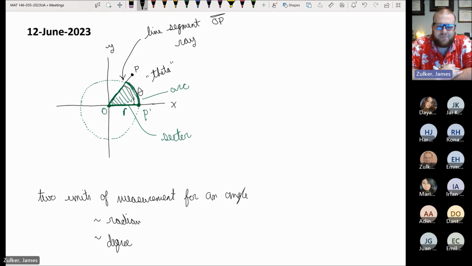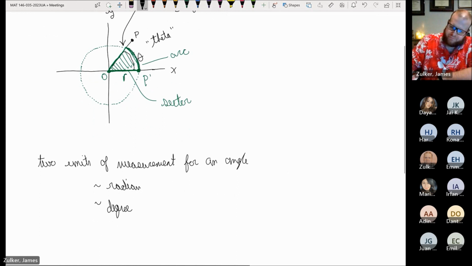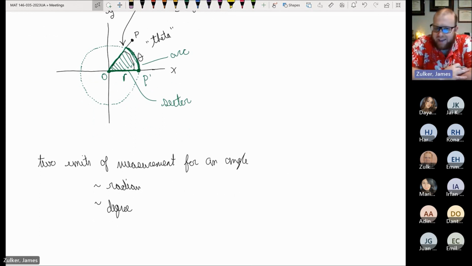Radian is the other. SI units are the radians. In fact, unless specified otherwise, the unit will always be radian.